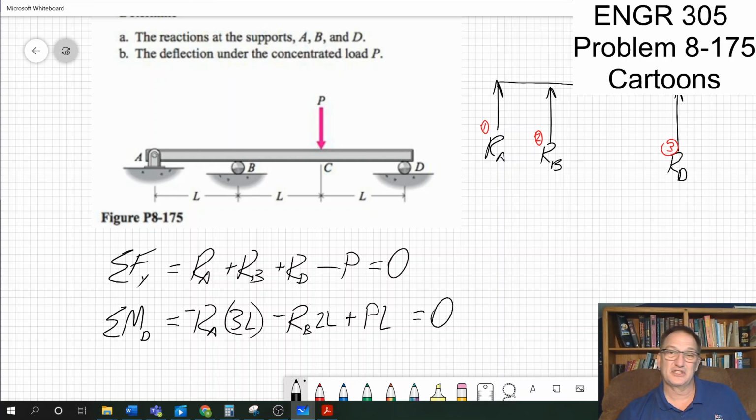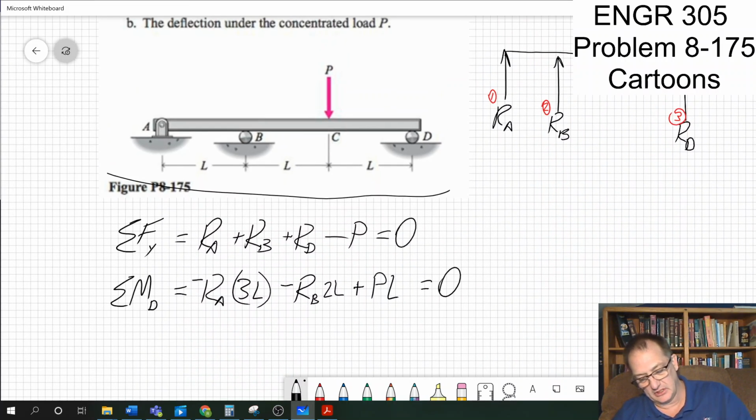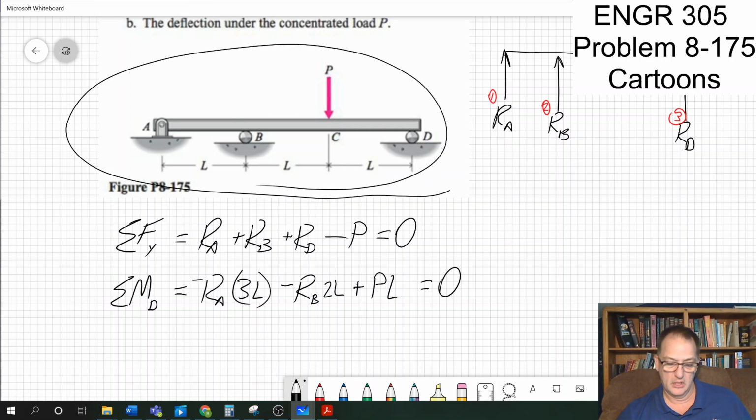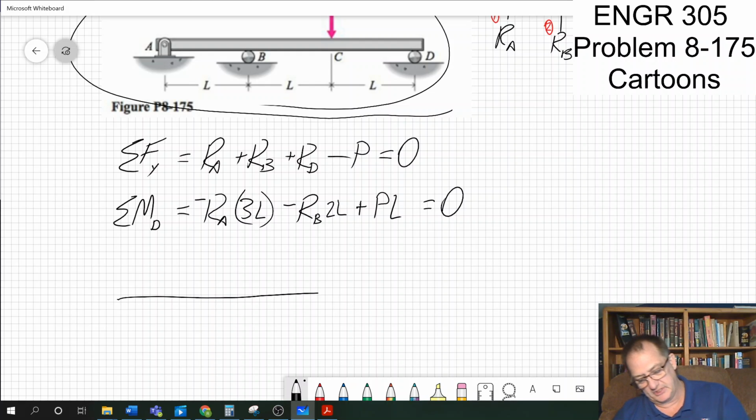Now, I think this will be okay using cartoons. I'm not sure. But if I look at this loading scenario, what I'm looking at is a simply supported beam that's got a load, and I'm trying to find the deflection either at this point or at this point.